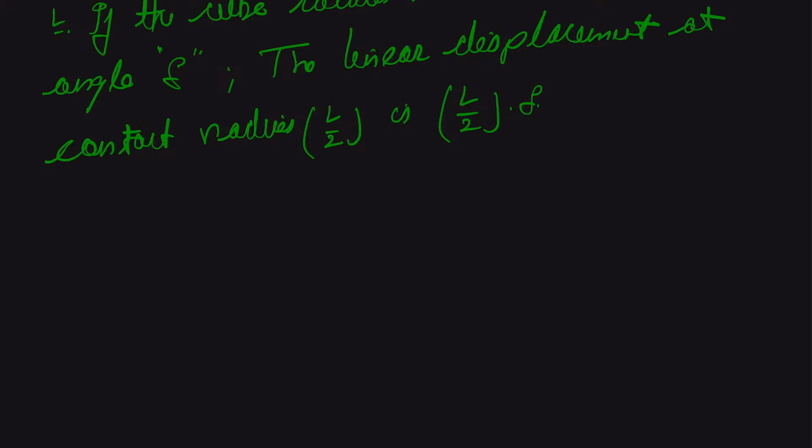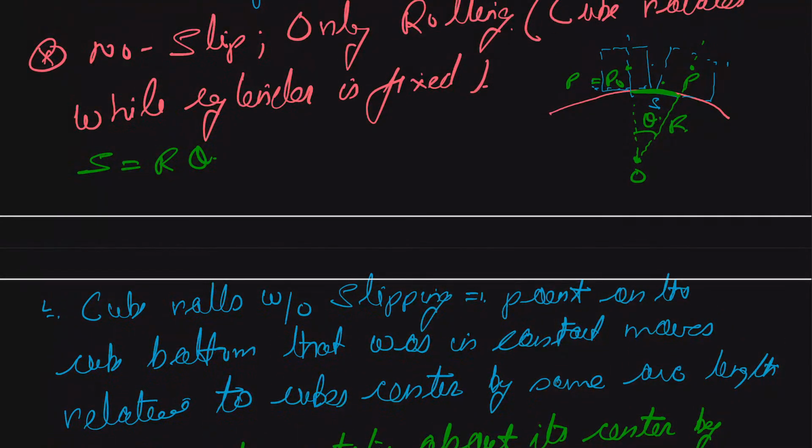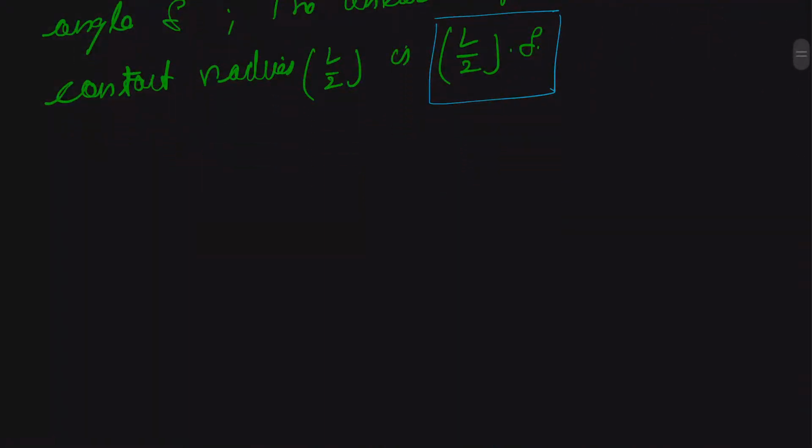So the cube moves through an arc length of L by 2 times delta, and this point P moves through a distance of S, which is equal to R times theta, and both have to be the same, because there is no slipping, only rolling motion.